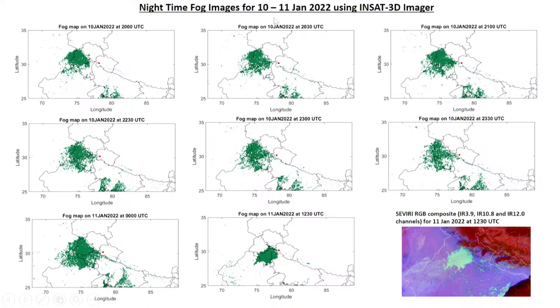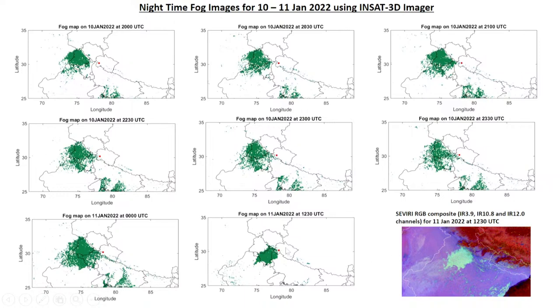Then these are another set of images for 10 to 11 January 2022. That is a recent image set. Here again, you can see images from 20 UTC to the next day 12:30 UTC. So you can see how the temporal variation in the fog is there.